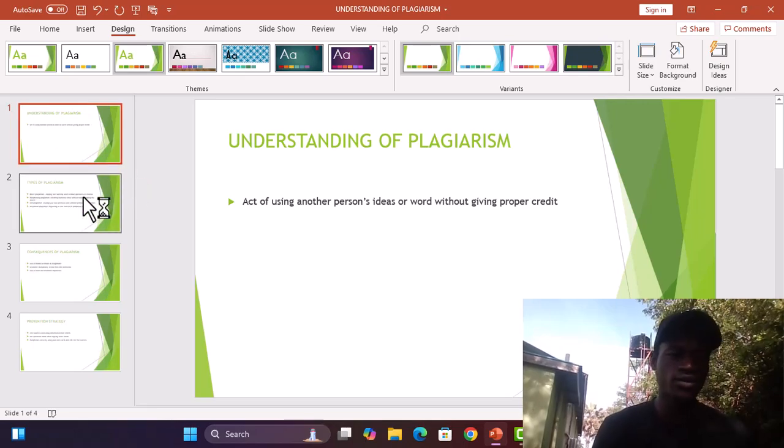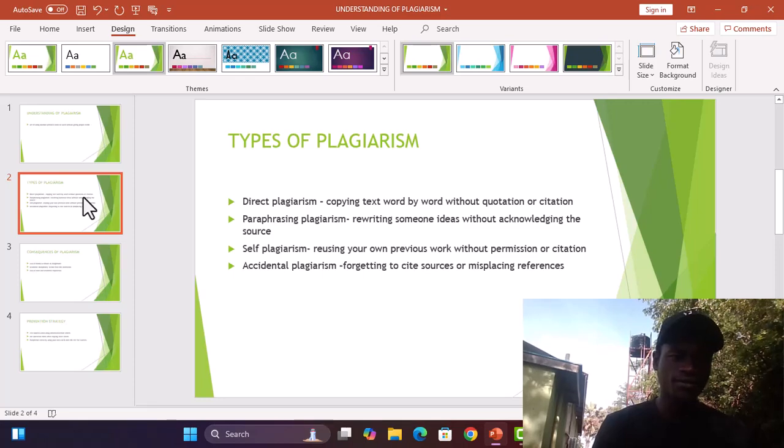So we have types of plagiarism. We have around four types. One is direct plagiarism, that is copying text word by word without quoting or citing.